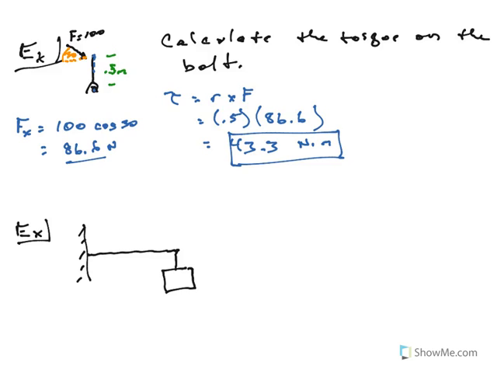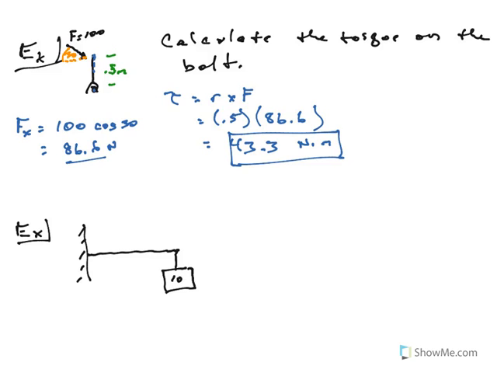Let's say the sign has a mass of 10 kilograms, and the pole, we don't know how long the pole is. Call it L. We don't know the number.